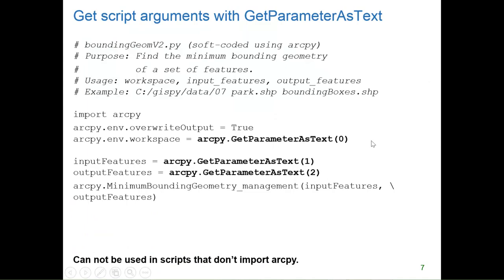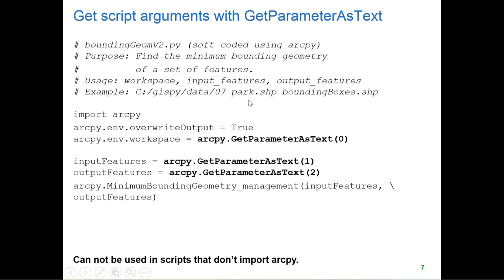You may have noticed that I used the get parameter as text method on the previous slide. This is just an alternate to the sys.argv provided by ArcPy. The reason that it was used on the previous slide is that if you try to access a parameter that is not listed, you don't get an index error like with sys.argv, which is simply looking into a list.